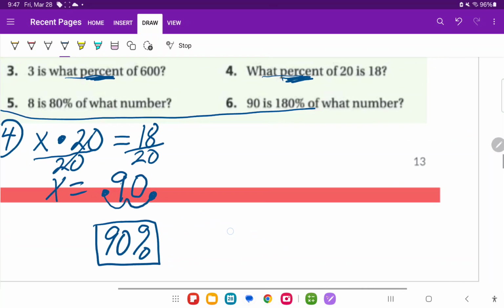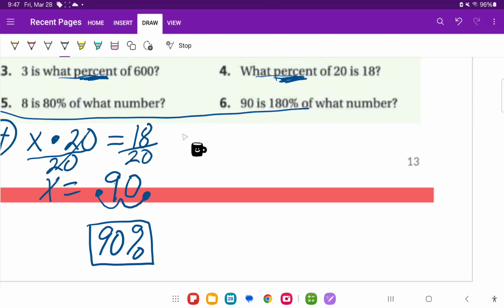All right, so number 5. Change this to a math sentence. 8 is, right, so we have 8 is equal to, and then we have 80%. Now we want to write that as a decimal, so that is 0.80. And we have our word of and what number? Of what number?